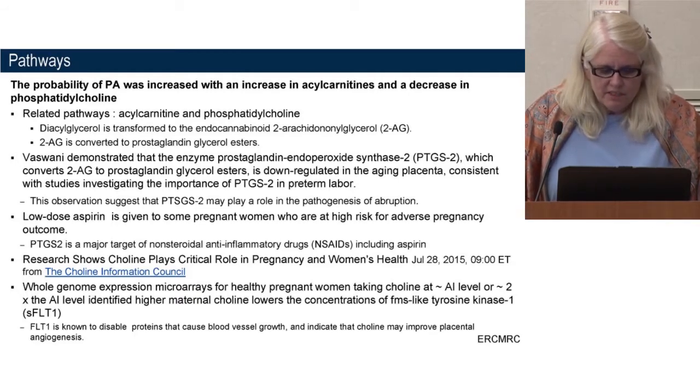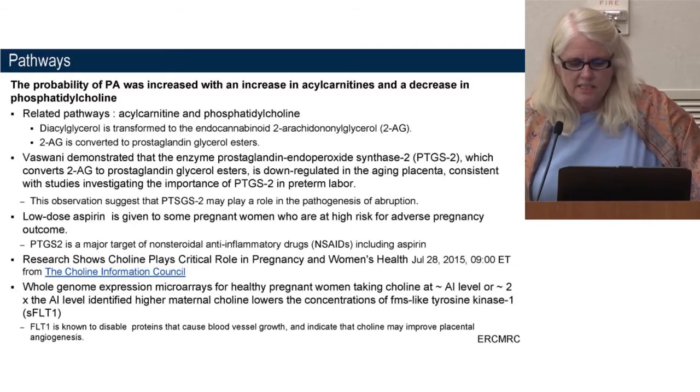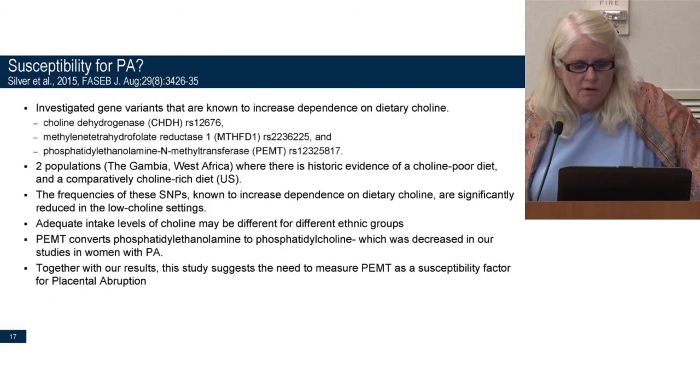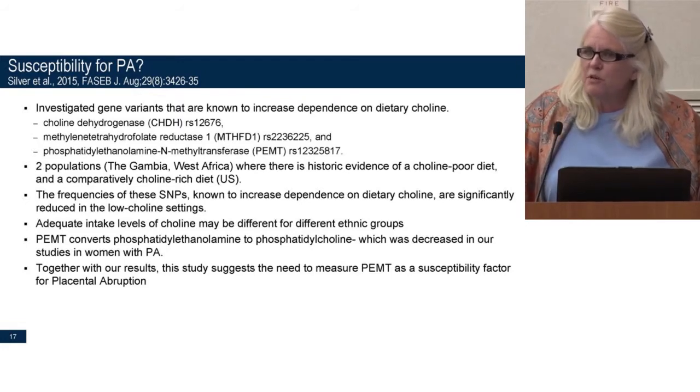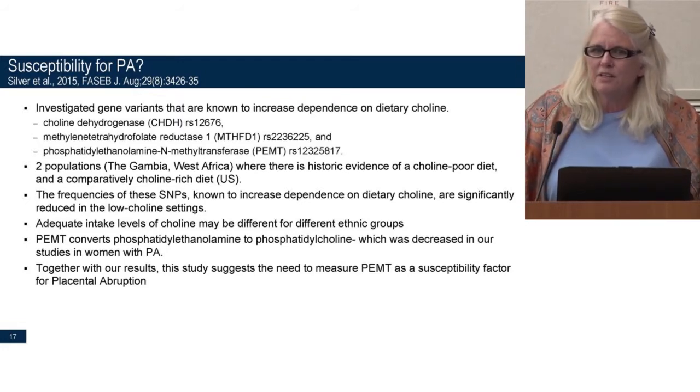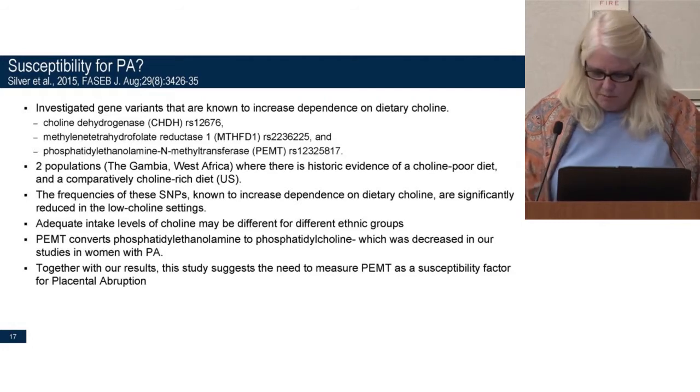And we have other evidence of the importance of choline in lowering concentrations of an FMS-like tyrosine kinase 1, which is known to disable proteins that cause blood vessel growth. So together, our studies are really showing the importance of choline early during pregnancy. And we've known that it's been very important for neonatal brain health, et cetera, but we believe it's really important in pregnancy complications.